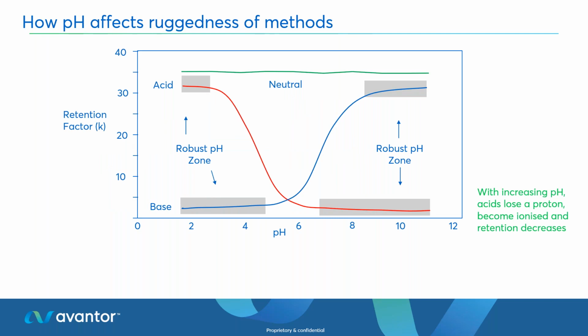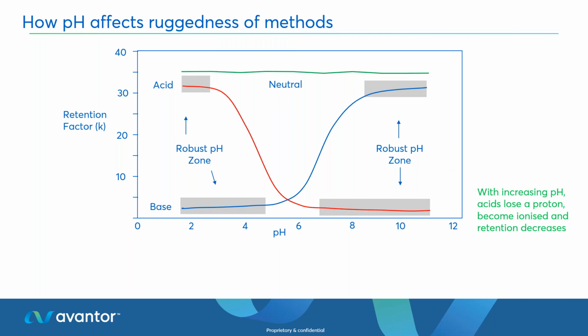So for an acid, you look at the red trace here, we're looking at pH along the x-axis and the retention time or retention factor along the y-axis. So if we look at our acid, we get good retention at low pH, but as we increase the pH, we ionize that acid, it becomes more polar, less hydrophobic, and therefore we get poor retention.